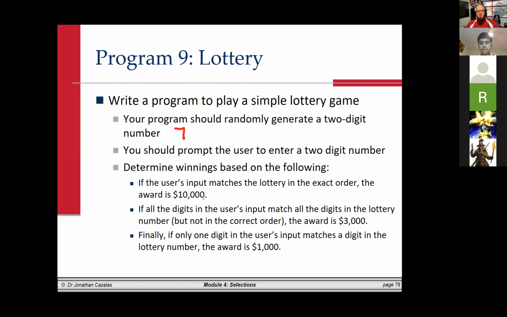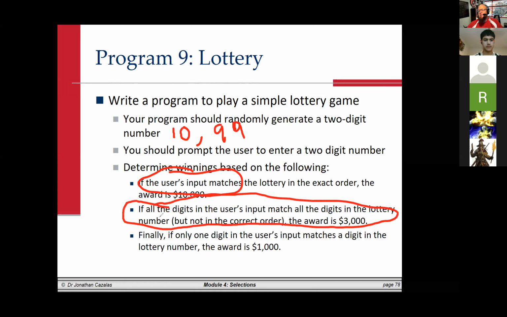Okay, so this is an explanation. And the random number should be a 2-digit number. So make sure the number is going to be between 10 and 99. Okay, a 2-digit number between 10 and 99, and the user is going to enter a number between 10 and 99. So we need to determine if it's the exact number, they win 10,000. Else if all of the digits are the correct digits, but in reverse order.